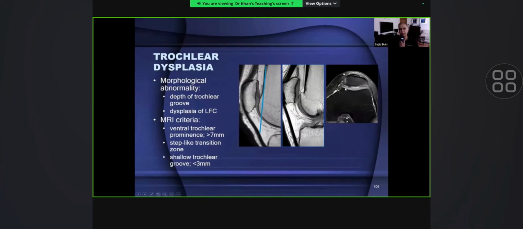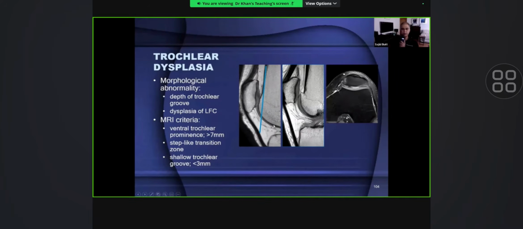In this patient, we can see that A, the trochlear facet is almost equal between lateral and medial sides, and B, it's not a V shape, but a rather flat line. So this dysplastic trochlea is not going to be able to keep the patella in its position, and the patella will keep on wanting to go further laterally when the patient moves.